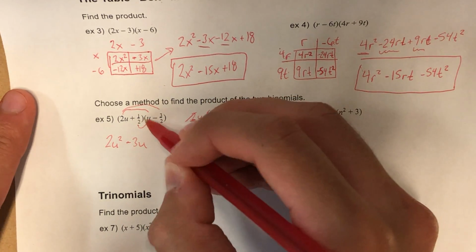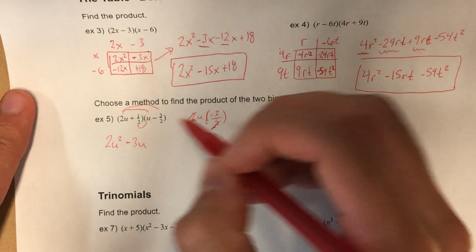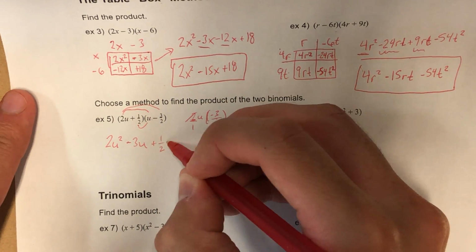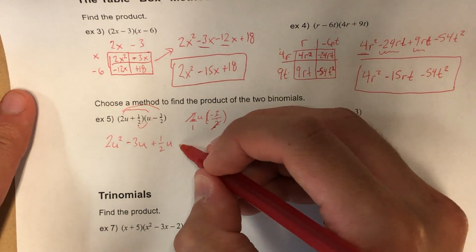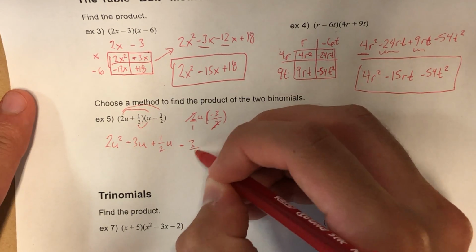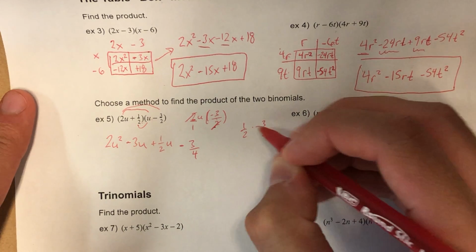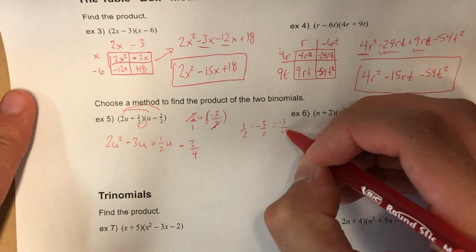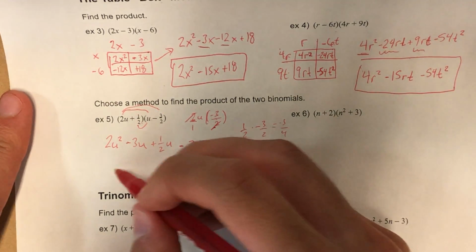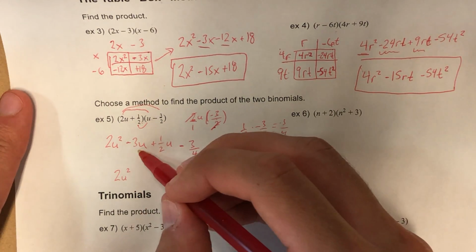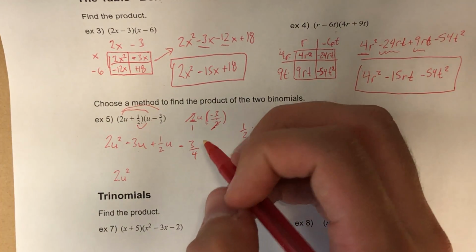And the inside, 1/2 times u is 1/2 u. And 1/2 times negative 3 over 2 is negative 3 over 4. Remember, multiplying fractions, you just multiply straight across, so negative 3 over 4. Okay, combine like terms, so we have 2u squared, negative 3u plus 1/2 u.